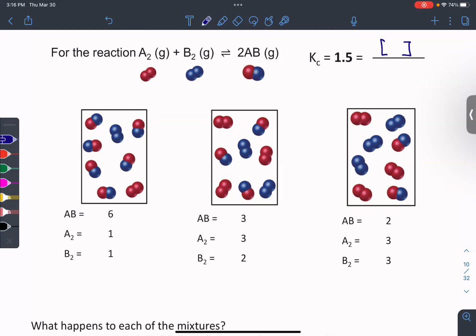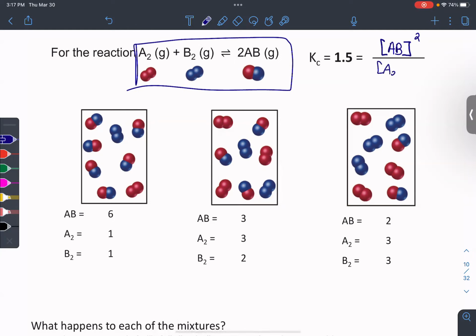The K expression for this reaction, this chemical equilibrium, and it's balanced, I promise, is the concentration of AB squared over the concentration of A2 times the concentration of B2. All right, so the ratio of products over reactants is 1.5.